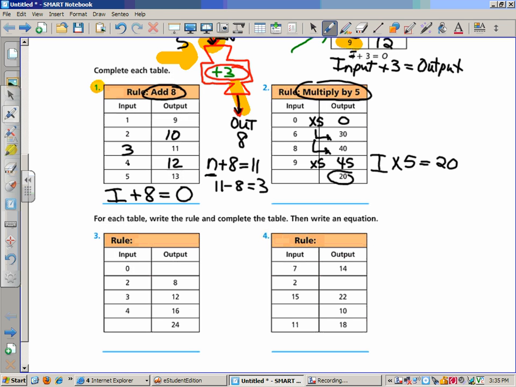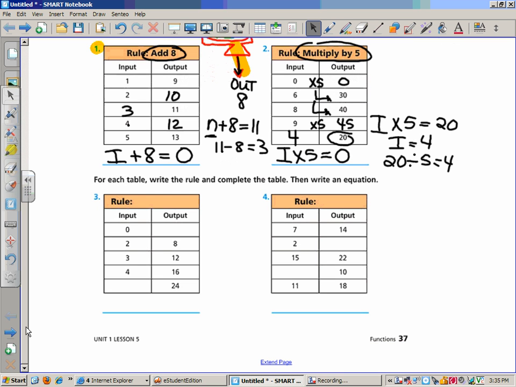You can ask yourself what number times 5 is 20, and know that I is going to equal 4. Or you can use the inverse relationship of multiplication and say 20 divided by 5 is 4. So thinking backwards. Your equation for that table is input times 5 equals your output.